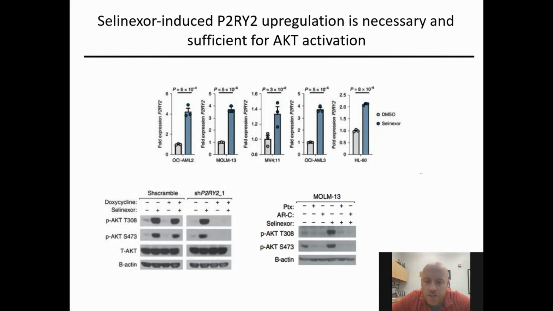We can phenocopy this effect by using either pertussis toxin, which is a general inhibitor of GPCR signaling, or ARC, which is an inhibitor of P2RY2. And finally, we show that P2RY2 activation is sufficient for AKT activation by showing that if we simply overexpress P2RY2, we can observe AKT activation in cells.